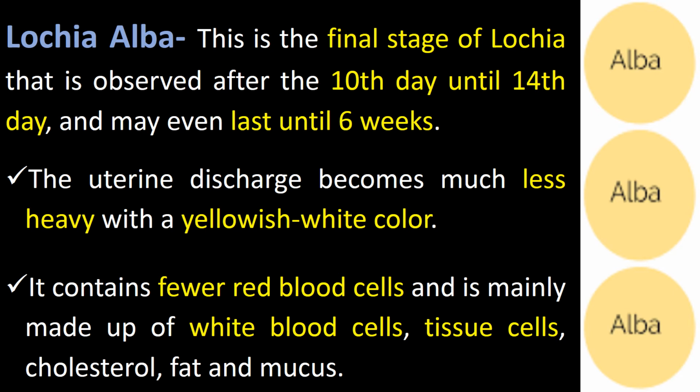It contains fewer red blood cells, I should say, and is mainly made up of white blood cells, tissues, sometimes cholesterol, fats, and even mucus. So what's very important in your Lochia alba is that it no longer contains red blood cells. Therefore, the color of the lochial discharge is yellowish and white in color. And when your Lochia alba appears, it is already a sign that the uterus is already starting to fully heal.